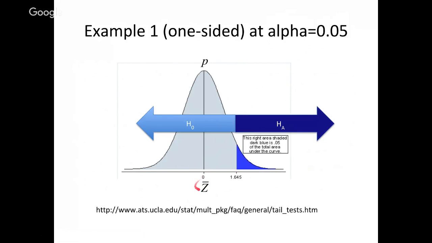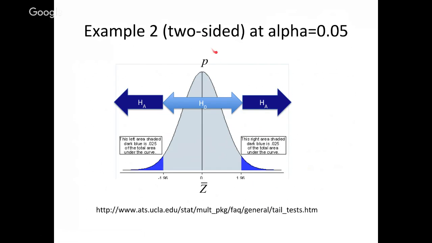If our z-score falls anywhere in this range, we would accept the null hypothesis. But if it falls beyond 1.645 into this region where we are willing to reject the null hypothesis, even though it might be correct, we call that the rejection range. This is an example of the one-sided test.